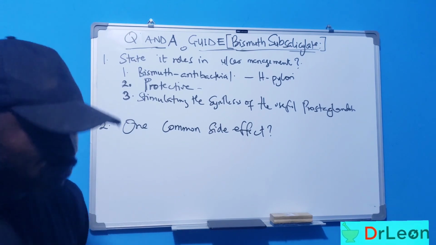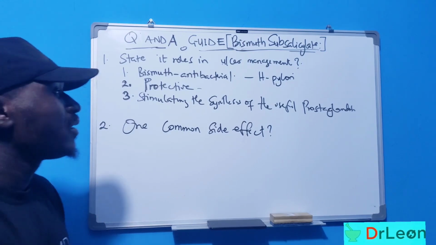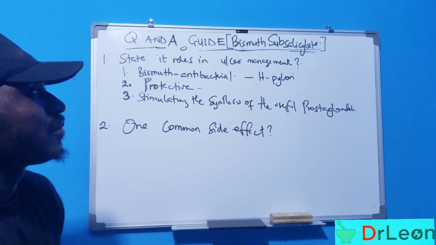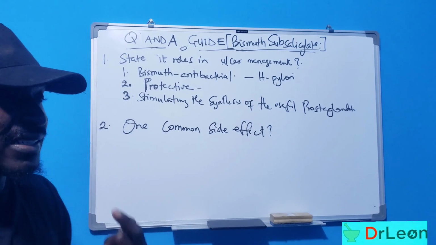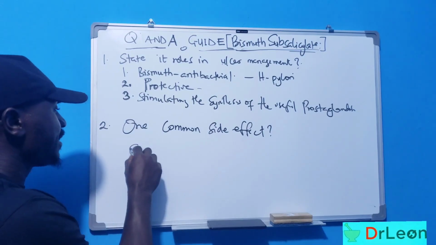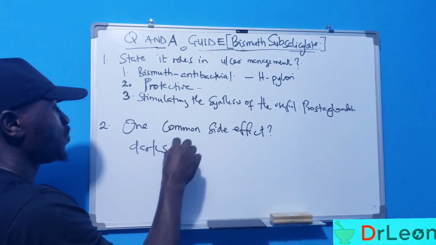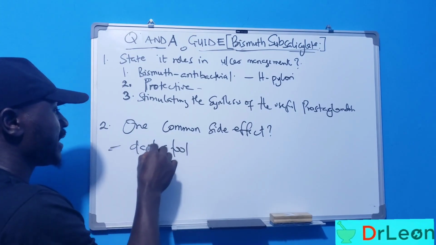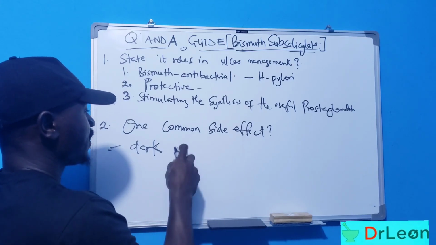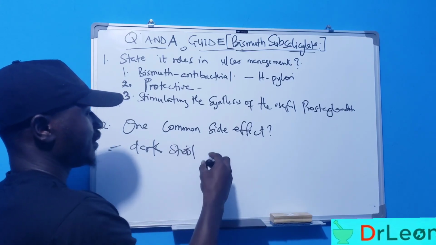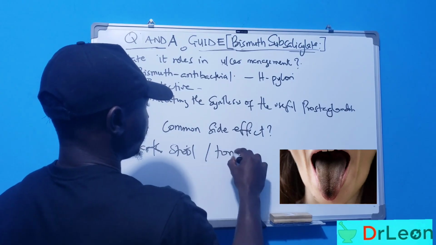One of the common side effects with Pepto-Bismol or Bismuth subsalicylate that you have to make your patients aware of is that they cause dark stool and tongue.